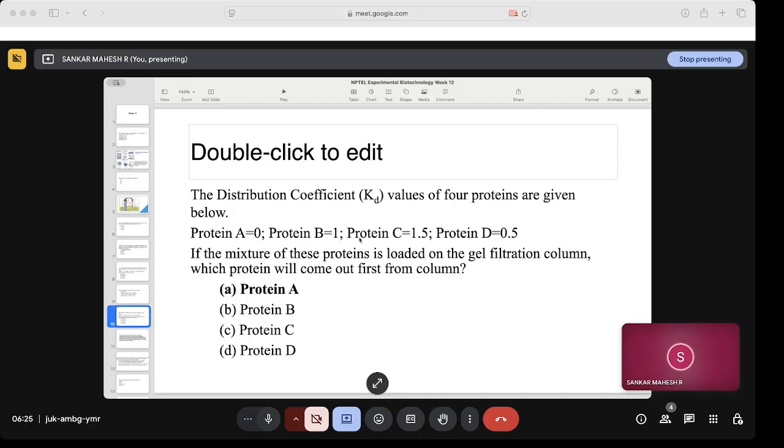And when it doesn't bind to the bead at all, which is KD equal to 0, then it will elute first. That is why protein 1 with distribution coefficient 0 will be the first to come out of the column.